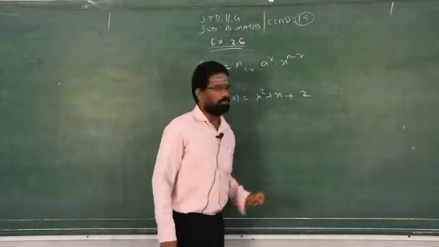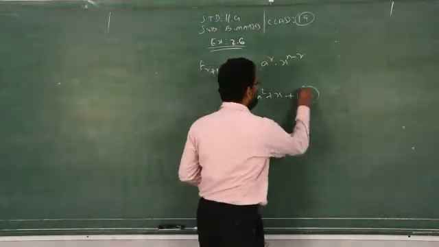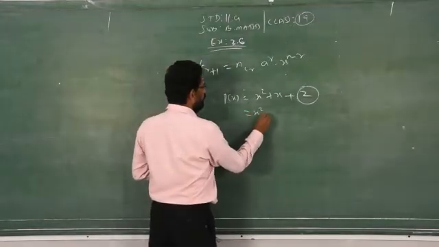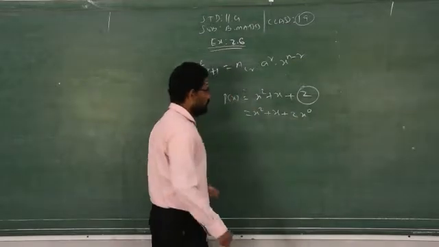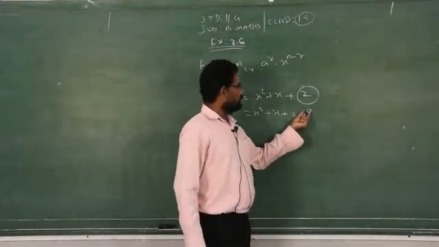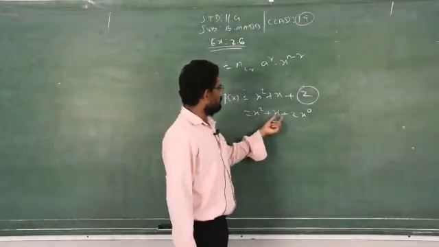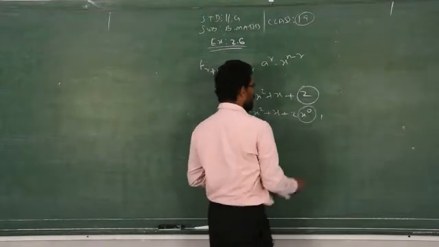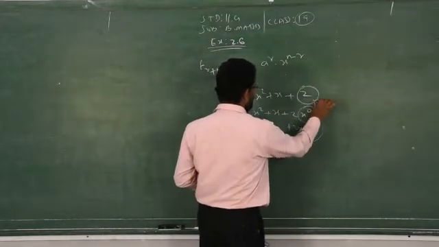The last one has no x term, therefore this is called the independent term. You can rewrite 2 as 2 into x power 0, because anything power 0 is 1.